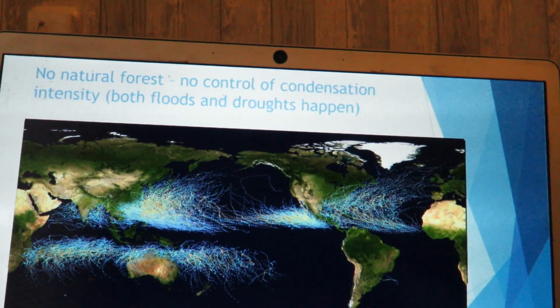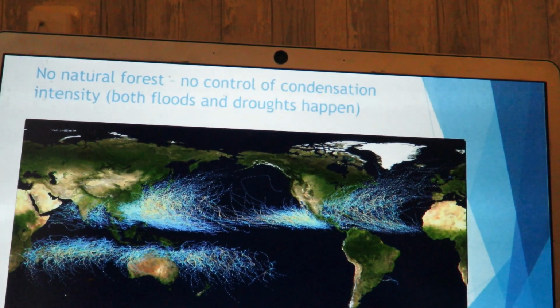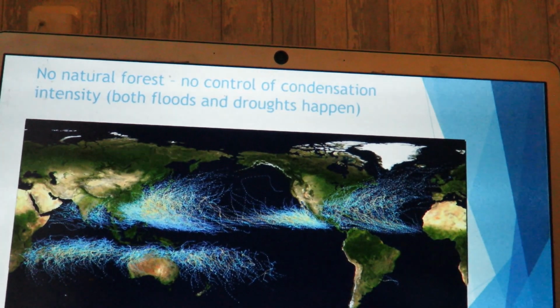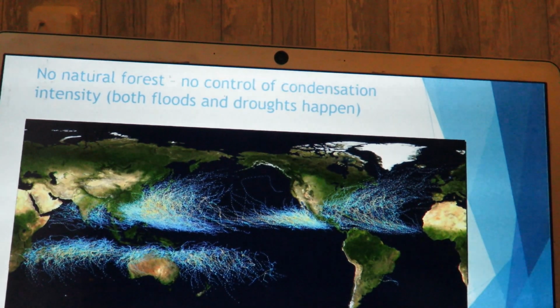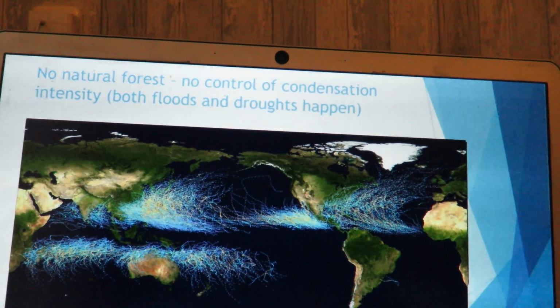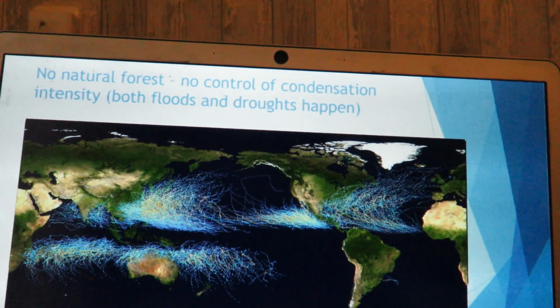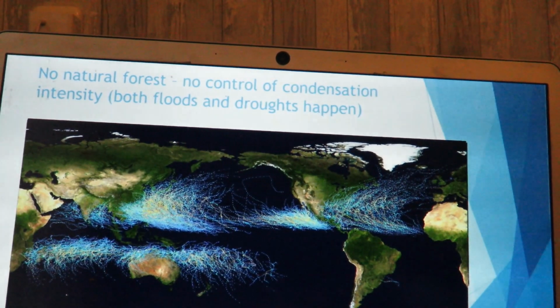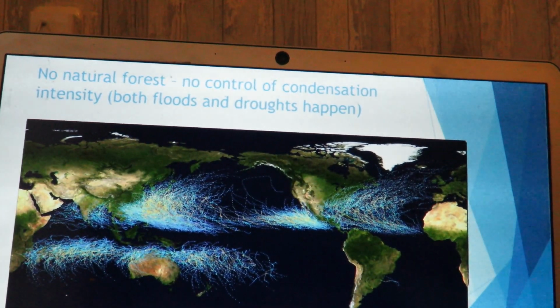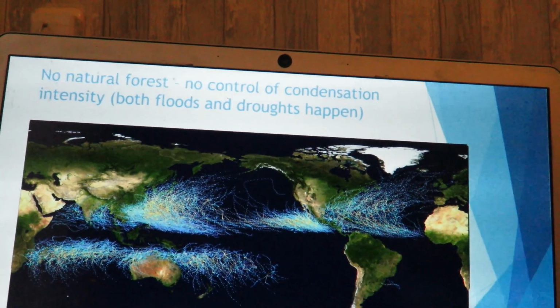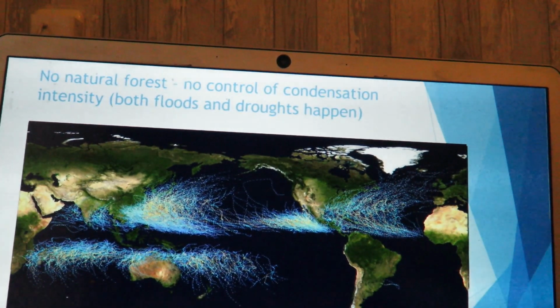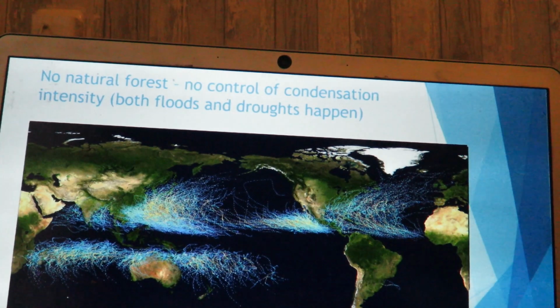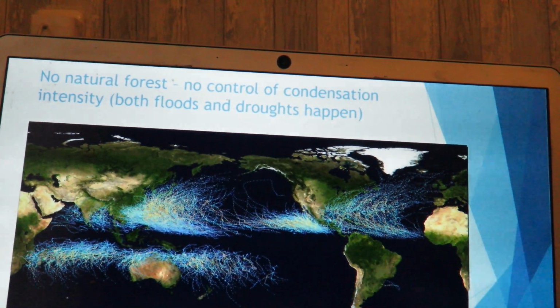Meanwhile, they tend to develop in winter when temperatures are lower, but there is no drawing mechanism, and all water vapor remains over the ocean. So a natural forest cover ensures that the water cycle is stable.